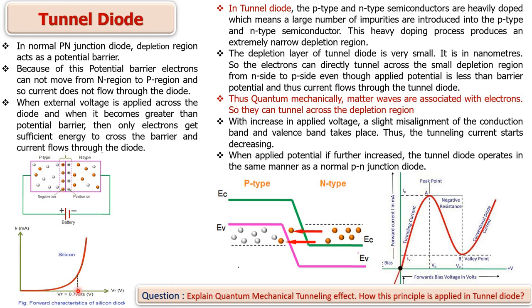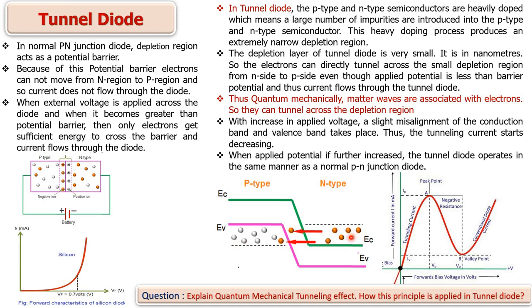Here you can see the difference between a normal PN junction diode and a tunnel diode. In the normal diode, current is almost zero when the applied potential is less than the potential barrier. But here, the applied potential is less than the potential barrier, and still current is flowing. This current is due to tunneling of electrons from the N region to the P region.